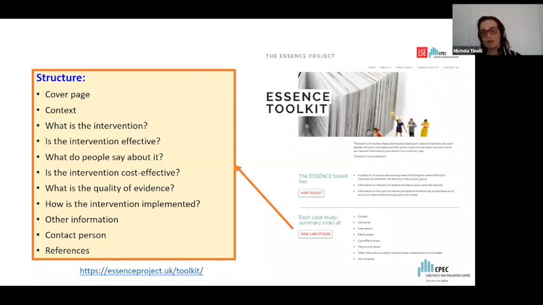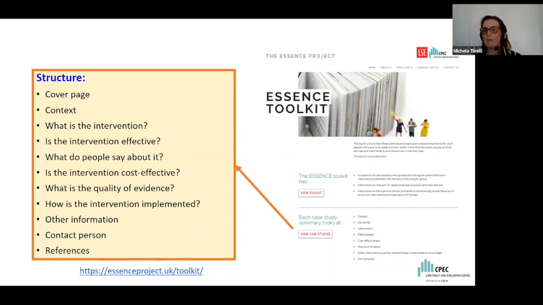Of course, there is evidence on the cost effectiveness of this particular intervention. And where possible, we also want to discuss the quality of the evidence presented. If the particular intervention is implemented in practice, we present case studies.